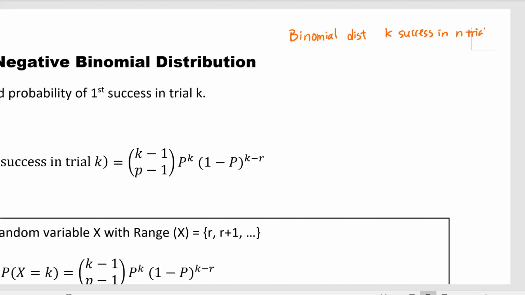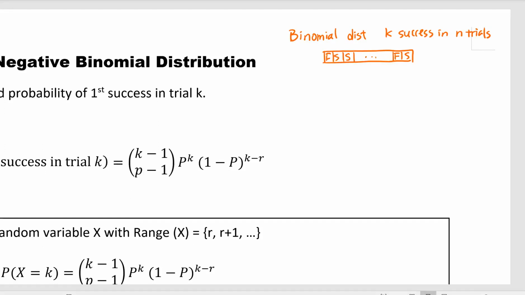For the picture, we have M boxes, and we want to pick K of them to fill with success, and the rest are failures.